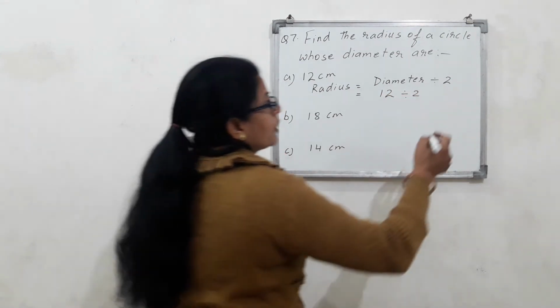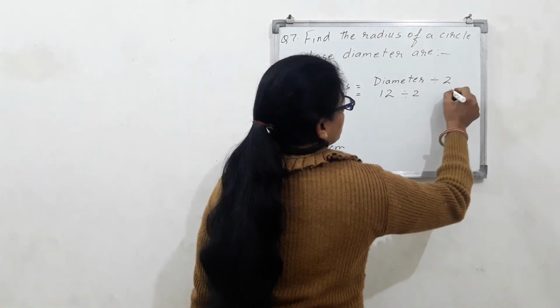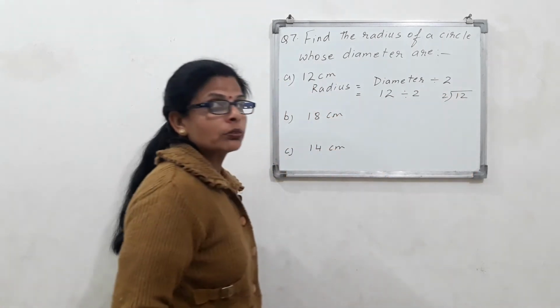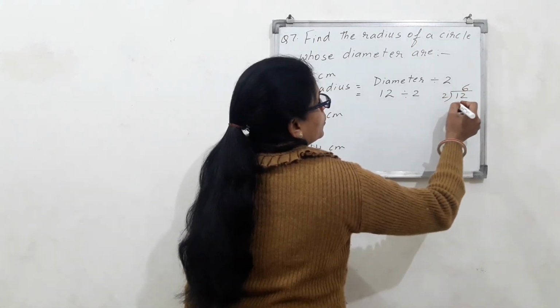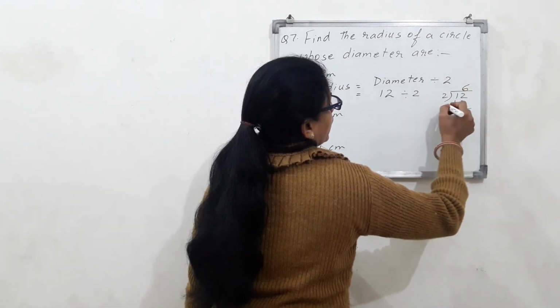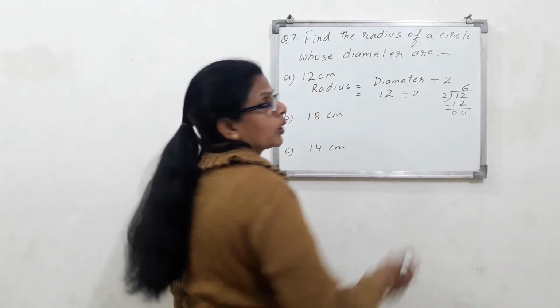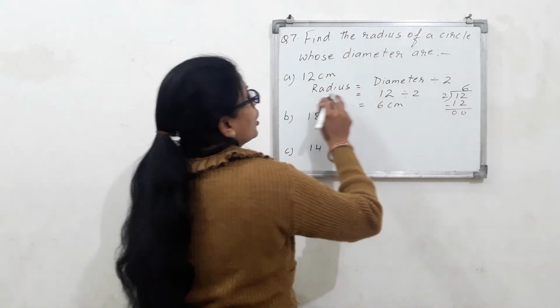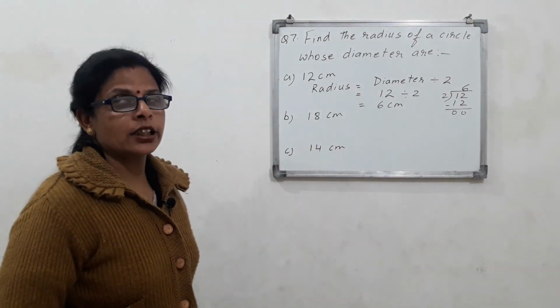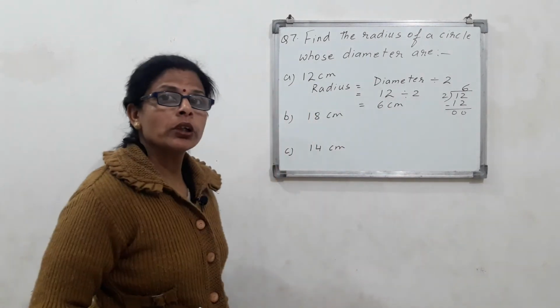In 2 table 12 comes 6 times. So 2 6s are 12, minus 0. So the radius of the circle is 6 centimeter when the diameter is 12.